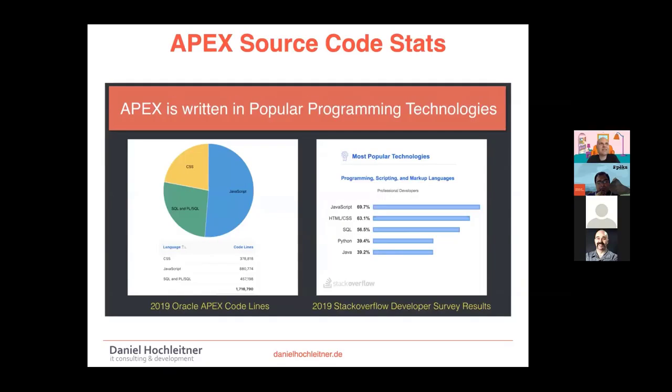And last year, I think it was at the Apex Alpe Adria conference, Mike Hichwa shared this slide, and this is the source code used in Apex. So you see that JavaScript and CSS is more involved than the SQL and PL/SQL part. It's not the whole truth.